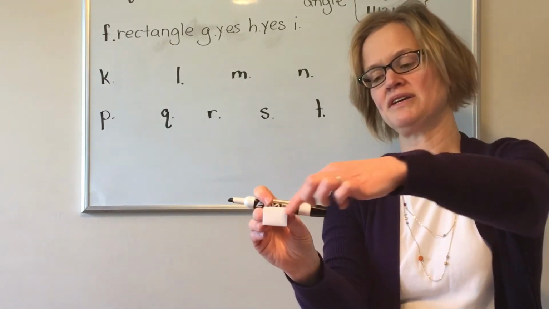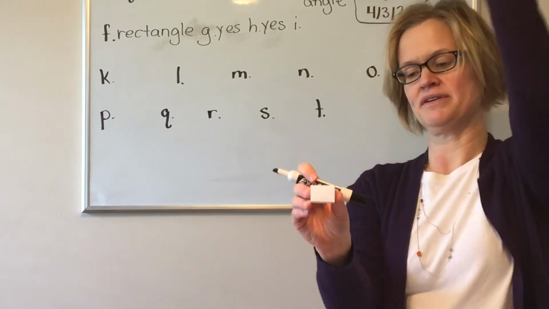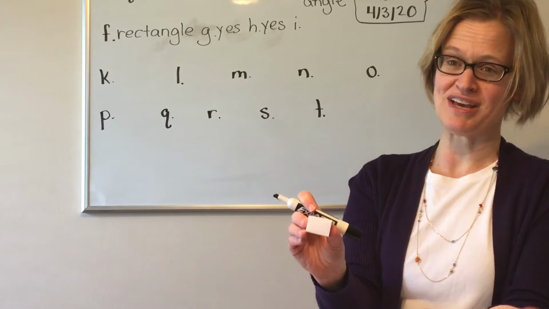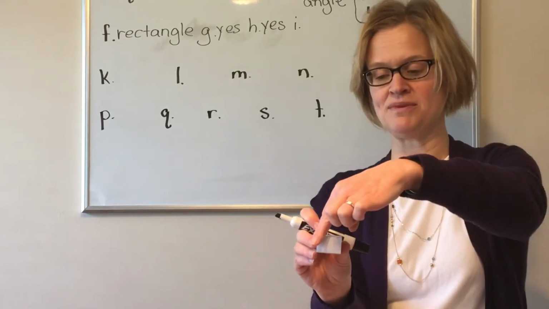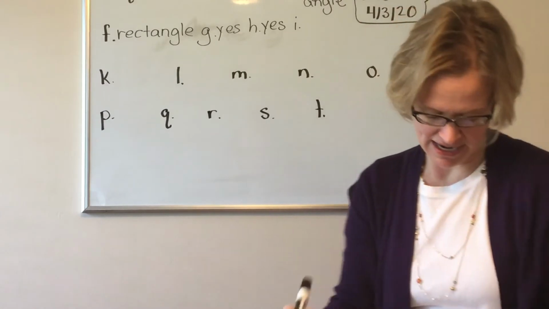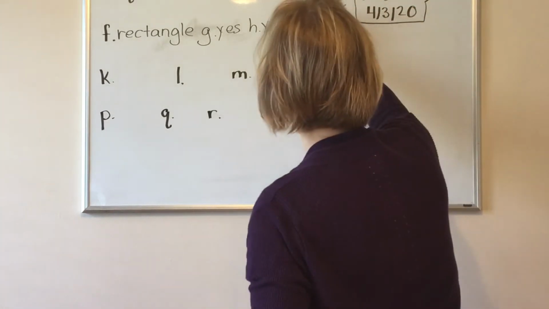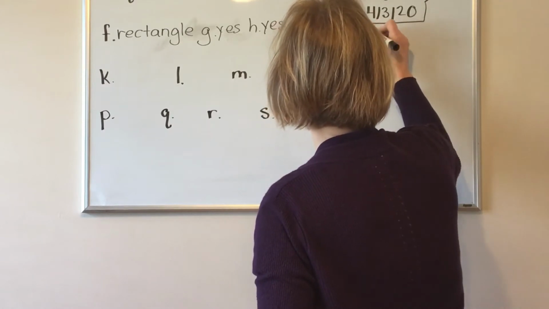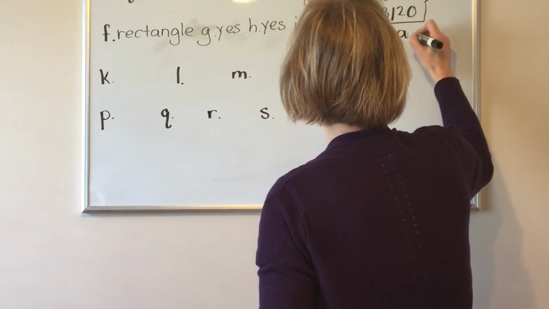Here's one edge, here's another one, and they are perpendicular. Let's jump ahead right to J. What kind of angle is that going to be? Remember, straight this way, right angle. So J is right angle.